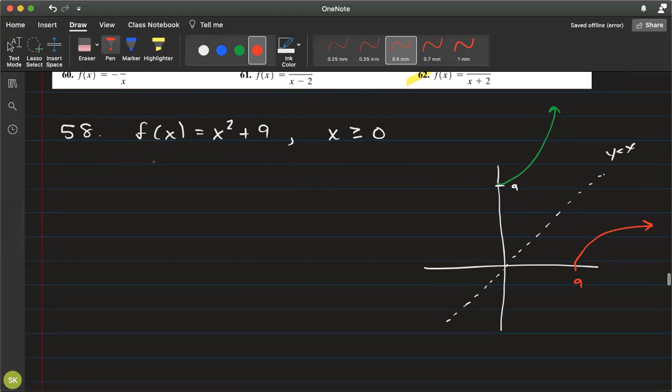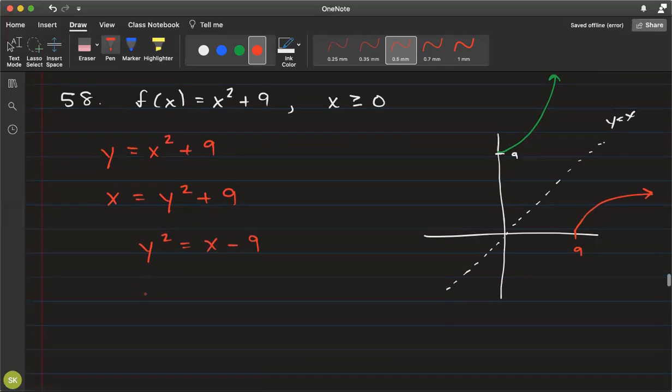So what we do is we set this equal to y, and then we switch the roles of x and y. So we have x is equal to y squared plus 9. Then we try to solve for y. So if we subtract 9 from both sides, and then take the square root, right here I'm going to write this for a second, but this is not the answer.